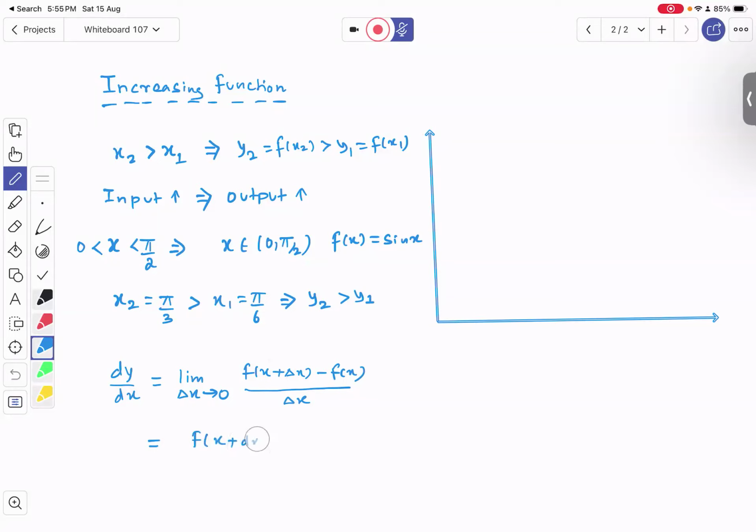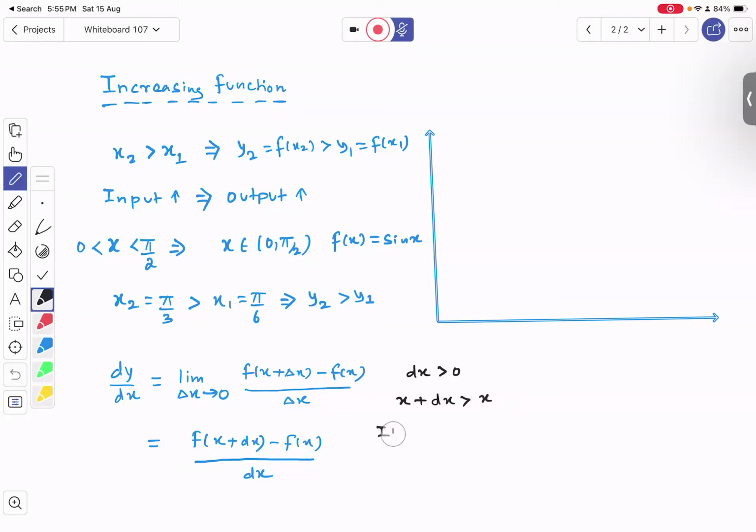x plus dx: the output at x plus dx minus the output at x, divided by that tiny change in the input, that is dx. So what kind of dx have we selected for talking about dy by dx? That was more than 0, correct? If dx is more than 0, tell me, is x plus dx more than x or not? More than x.